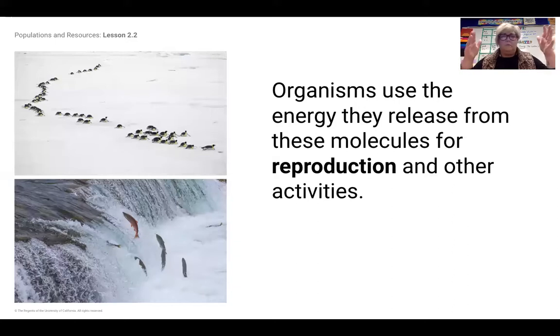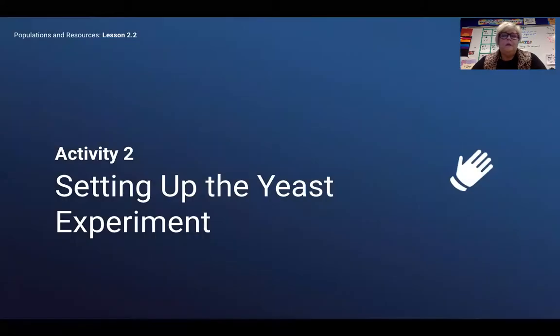That's the distance from here to Lincoln, just for them to get some food to come back to feed their young. And remember, the salmon have to travel from the ocean uphill, essentially, upstream, over waterfalls to get back to their original river that they were born in. So lots and lots of energy storage molecules being used in order to do those activities.